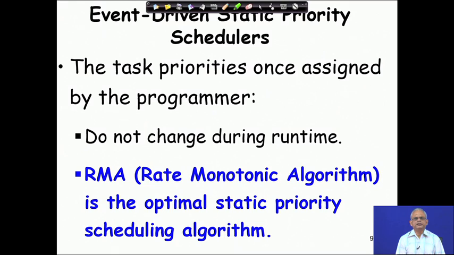And in this class of schedulers, the static priority schedulers, the rate monotonic algorithm is the optimal static priority scheduling algorithm. We will see that there are variations of this algorithm, but rate monotonic is the optimal algorithm. It can run task sets which cannot be run by the other algorithms. We will see the detailed results as we proceed.